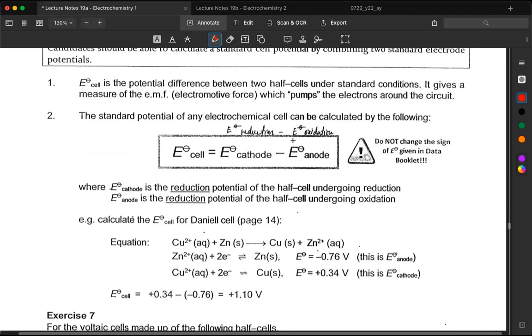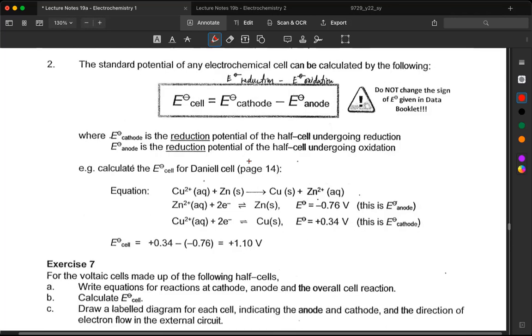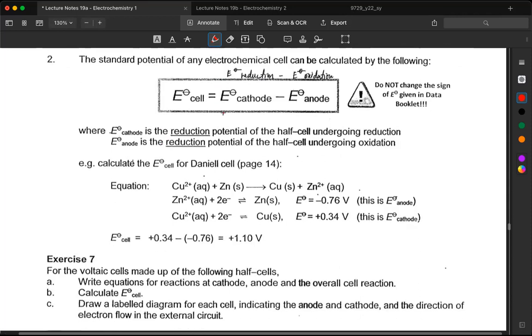Try not to change the sign of E° given in the data booklet. My advice is just use the formula directly, which is simpler and less confusing when you need to calculate the E°cell. This is very important. It will be required. So E°cathode is the reduction potential of the half cell undergoing reduction. E°anode is the reduction potential of the half cell undergoing oxidation.